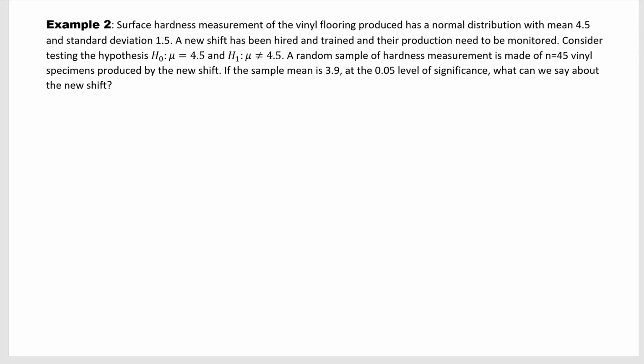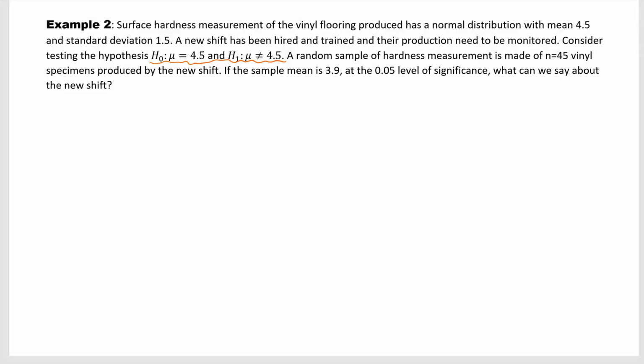The alternative hypothesis is two-sided. A random sample of hardness measurements is made of 45 vinyl specimens produced by the new shift. If the sample mean is 3.9 at the 0.05 level of significance, what can we say about the new shift? Is it good or bad?